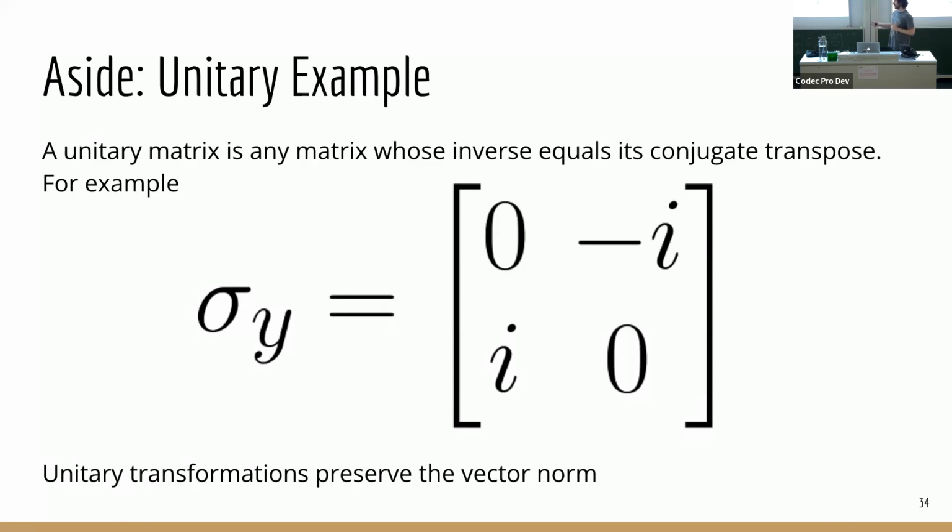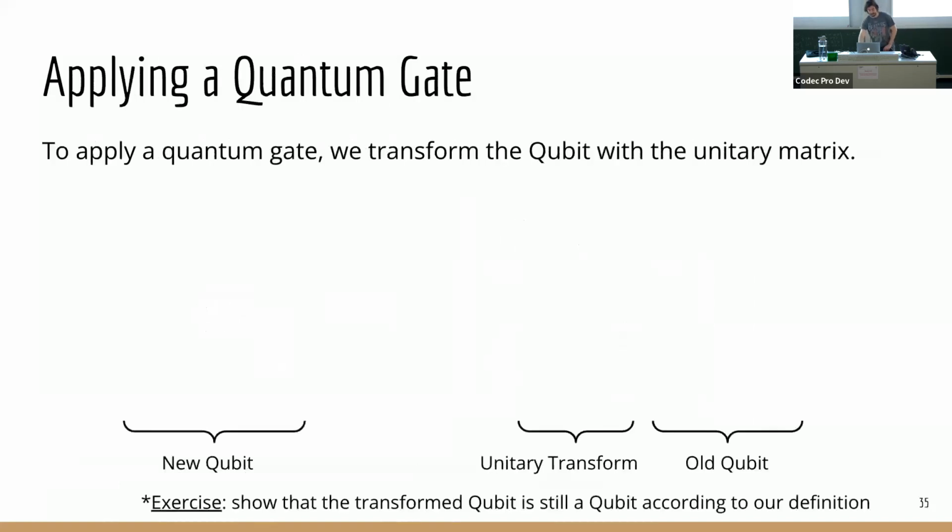For an example of a unitary matrix, I will introduce the third and final Pauli matrix, which is the Pauli Y matrix, which is defined as follows. What's crucial to us about unitary matrices is that they will preserve the vector norm. And what this means is that if we multiply a qubit by a unitary matrix, the product that we get will still be a qubit and obey its definition.